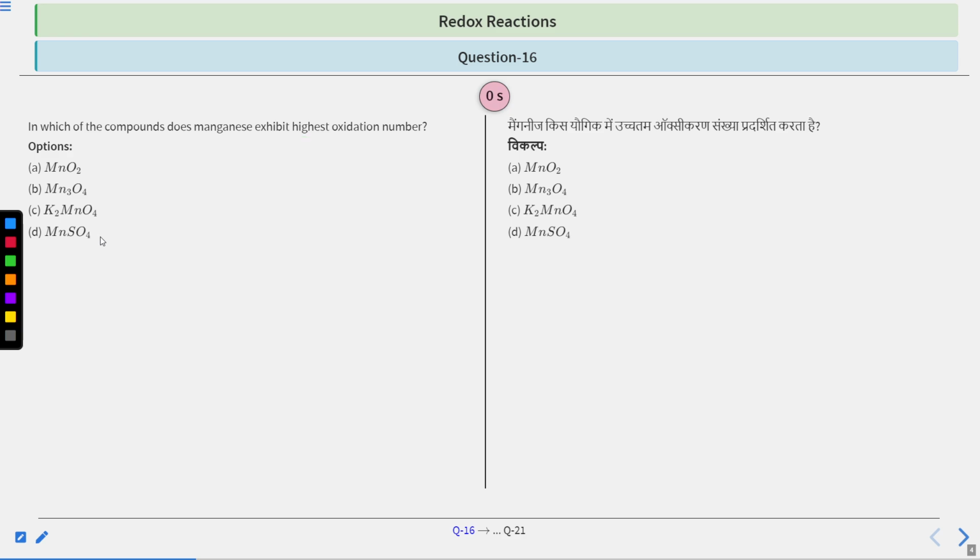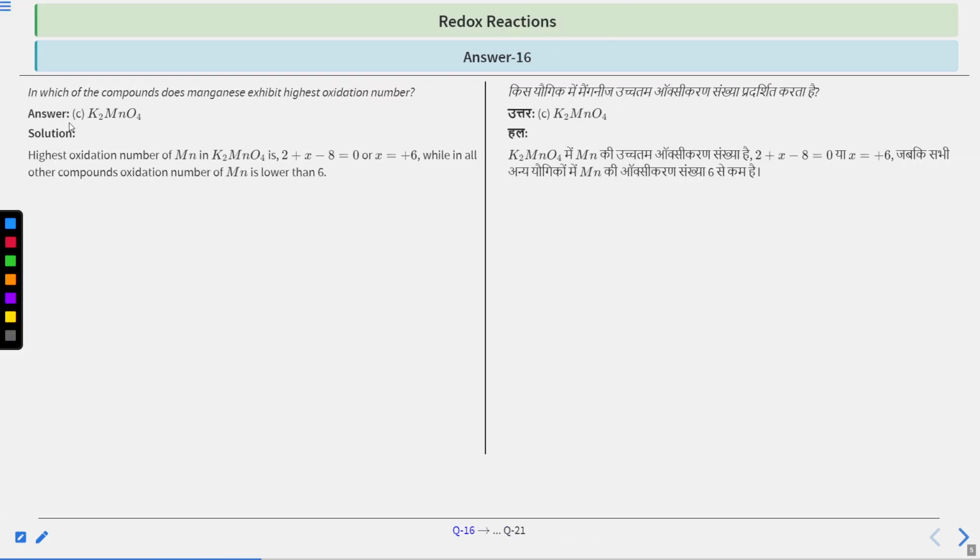Okay, let's see. The correct answer is option C, that is K2MnO4. The oxidation number of manganese in K2MnO4: K is +1, so 2 times 1 is 2, plus Mn which is X, and oxygen is -2, so -2 times 4 is -8, equals 0. So X comes out as +6.